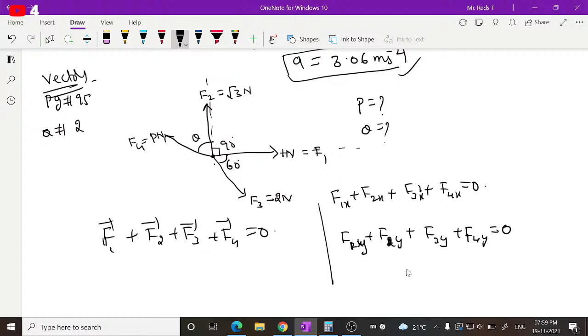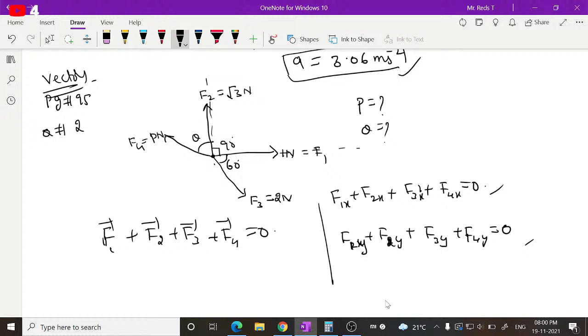Net force equal to 0 means the sum of x components should be equal to 0, and the sum of y components should be equal to 0. The sum of z components also should be 0, because it is lying in a plane, all are coplanar. Directly F1 plus F2 plus F3 plus F4 it will be.